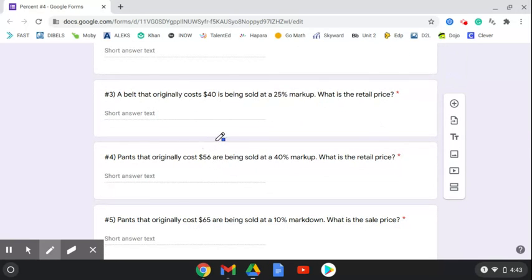Number 3, a belt that originally cost $40 is being sold at a 25% markup. What is the retail price? Okay, so $40, this would be 100% of the cost, right? It's the whole cost, but it's being marked up by 25%. So I'm going to add 25% onto that cost. And I know that 100% plus 25% is 125%.